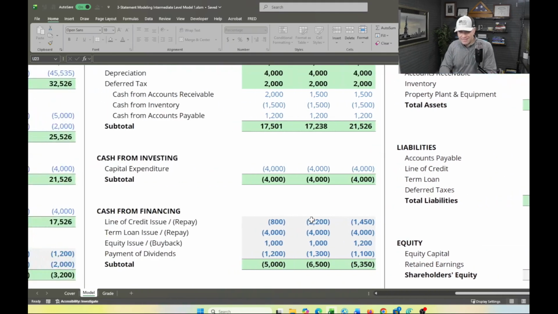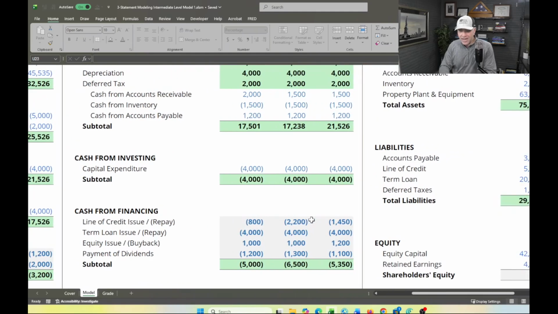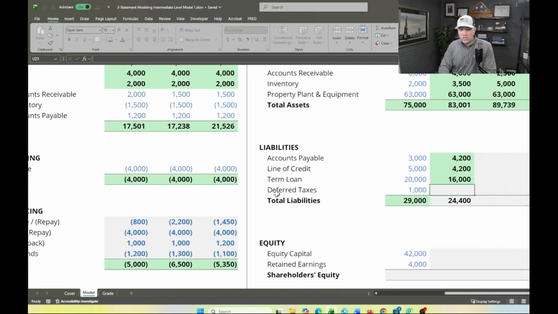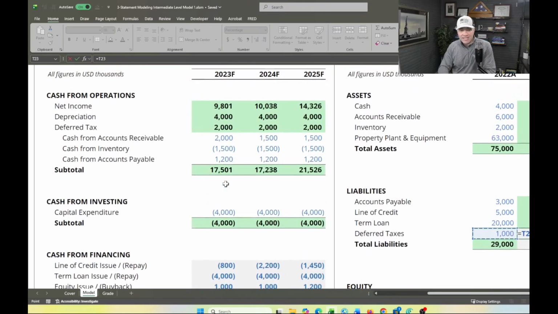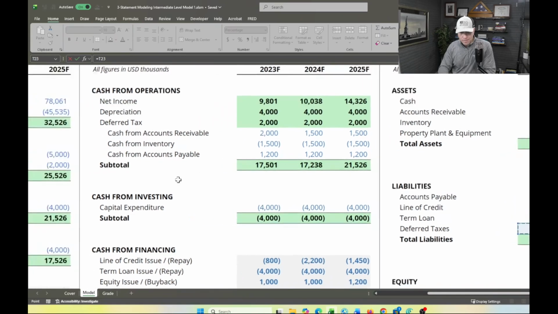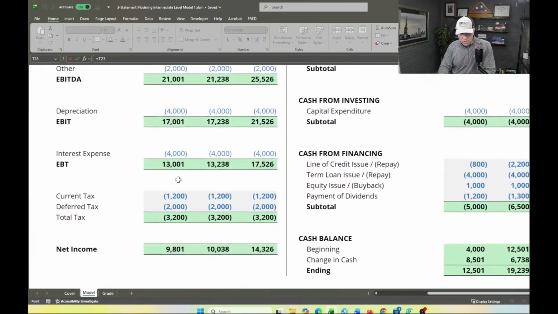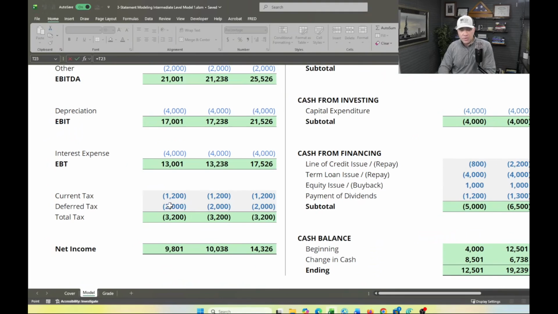Deferred taxes. We have to think about how this is going to work. I have a total amount of deferred taxes of 1,000. So I'm going to go equals, and then look at where deferred taxes is. That's through operations. We are adding. If you go to the income statement, each year I'm adding 2,000. That wasn't a direct outlay.